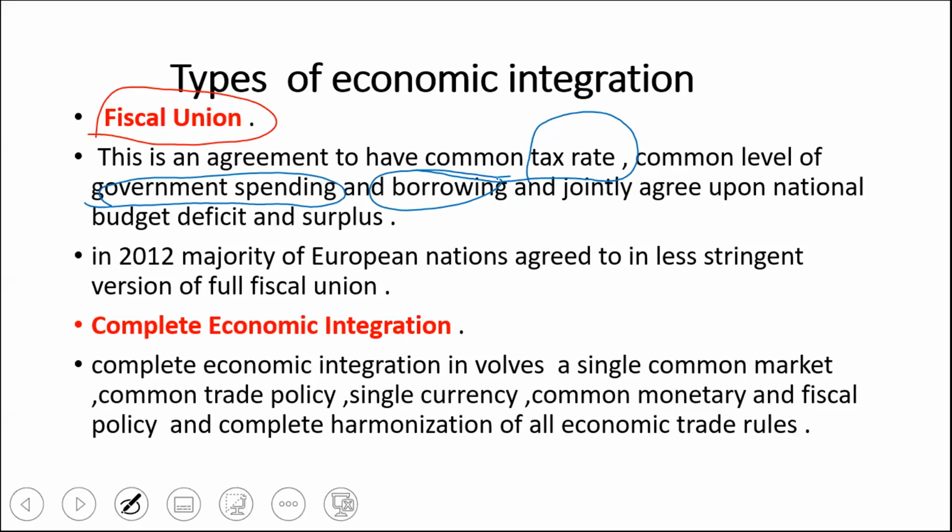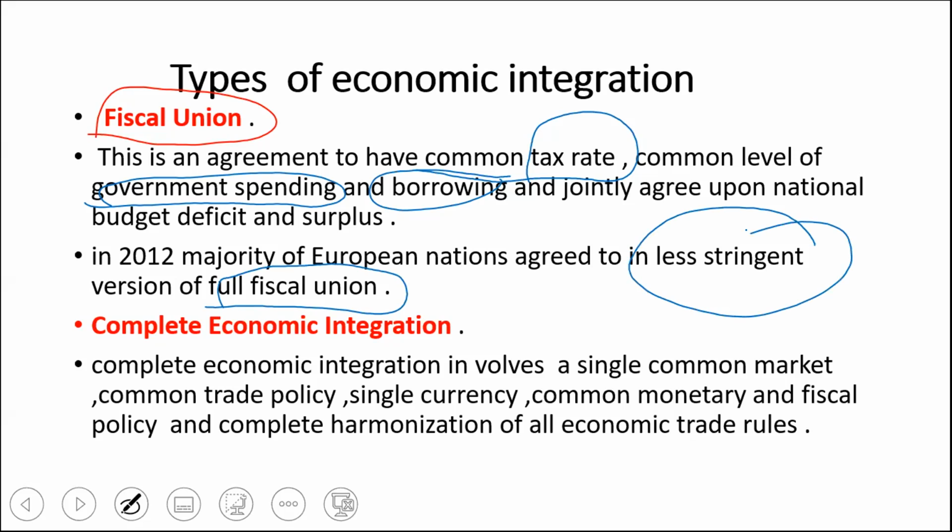In 2012, majority of European nations agreed to a less stringent version of full fiscal union. See this word, less stringent. In 2012, European Union realized that common fiscal measures is not an easy thing. So they have decided to reduce the stringency. Stringency means compulsory condition.